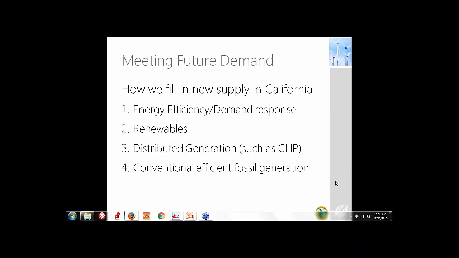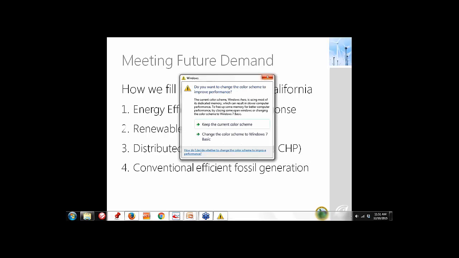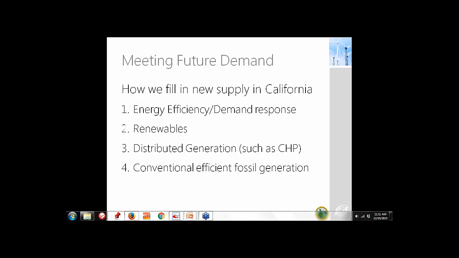There's also distributed generation, which is like small plants or production that is connected to the grid. So that would include things like leasing solar. So if you get your solar from SolarCity or Vivint Solar, that would be considered distributed generation.